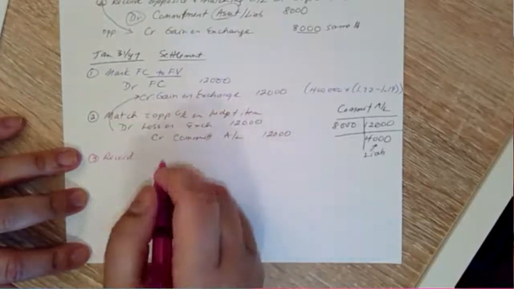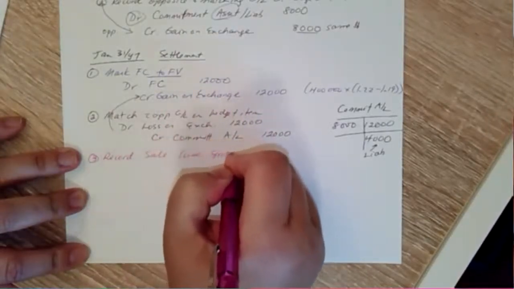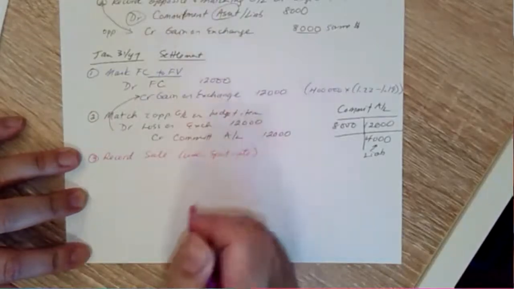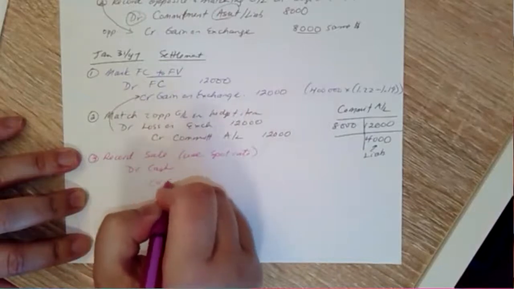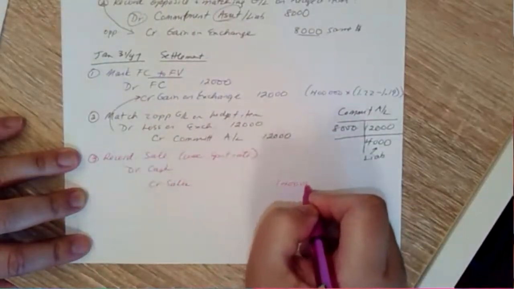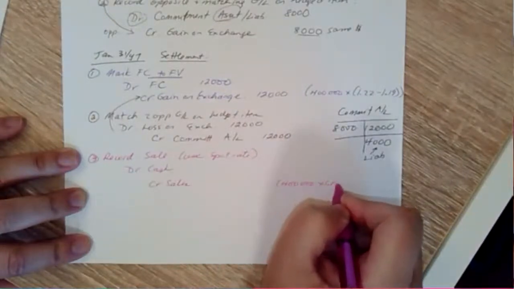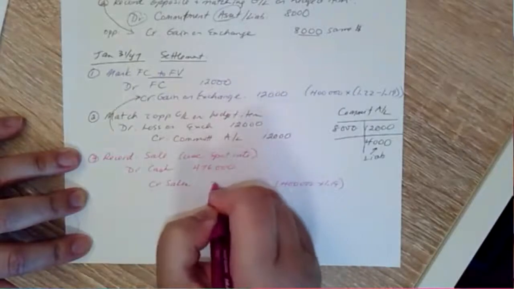Okay, for the sale, spot rate. So debit cash, credit sales for 400,000 times 1.19, which is 476,000.